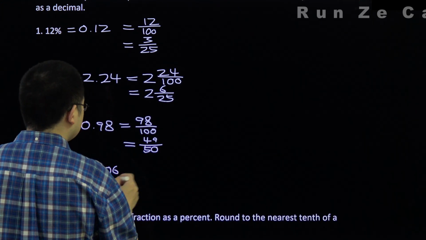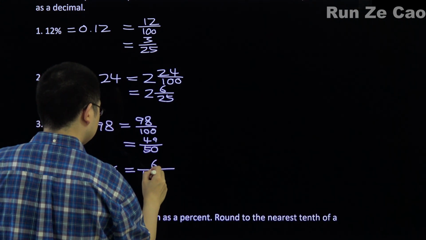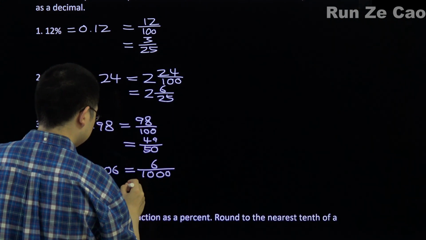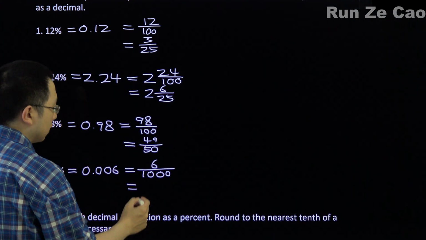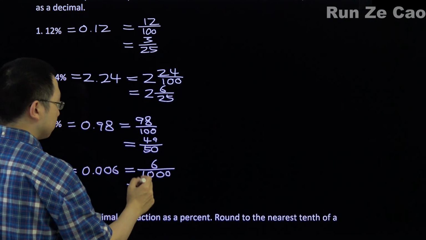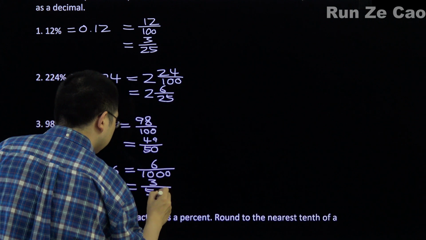And we evaluate to get this decimal, and that's equal to 6 over 1,000. Or 0.6 over 100 if you insist. This factors out a 2 from both numerator and denominator, and we get 3 over 500.